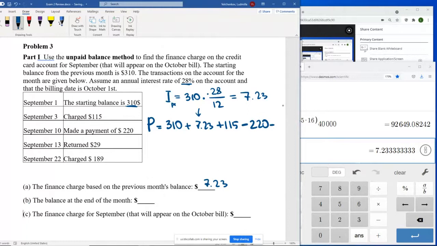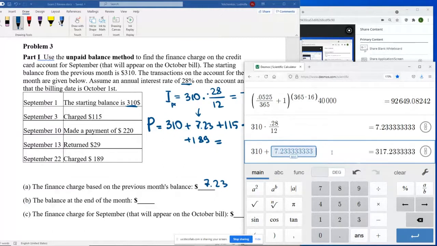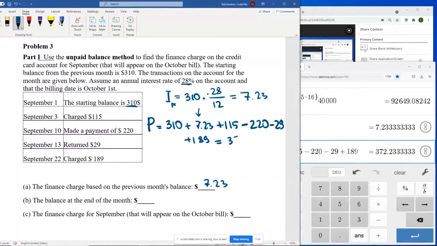Returned something to the store, so the balance is reduced by 29, and then we charged 189. Okay, let us take the calculator. So 310 plus the answer from the previous step, plus 115, minus 220, minus 29, and plus 189. So the balance at the end of the month is 372.23.